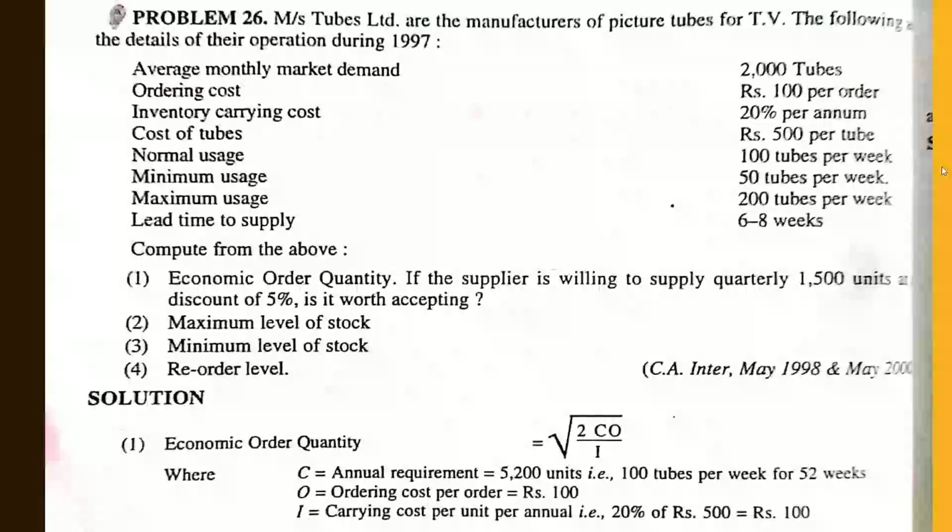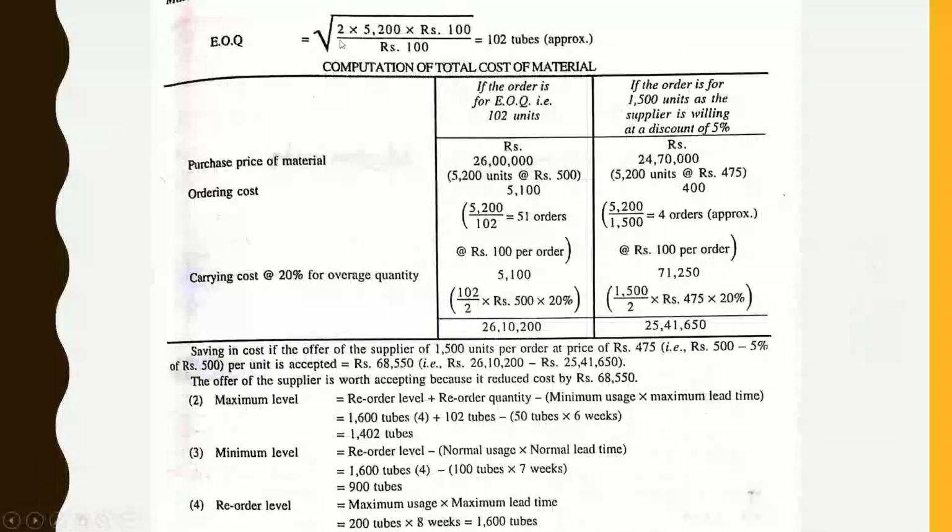So that means the annual requirement is 5,200. Cost: ordering cost per order is given as 100. Carrying cost is given as 20% of what? Cost. So cost is 500. So 20% of 500 will be 100. So now calculate the economic order quantity.